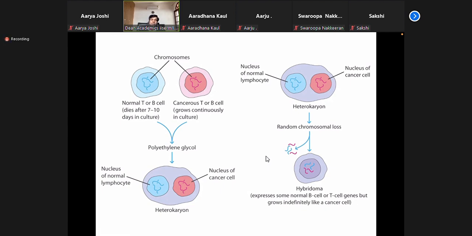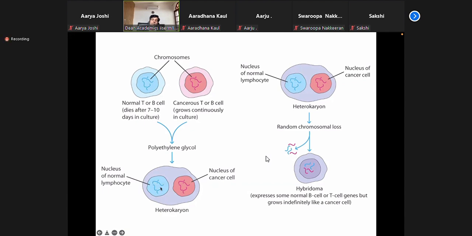by these T cells. So you are fusing one primary cell and one cancer cell with this agent that we call polyethylene glycol. Basically, this is a very viscous material. It brings these two cells together, and there is a fusion of the membranes of these two cells.